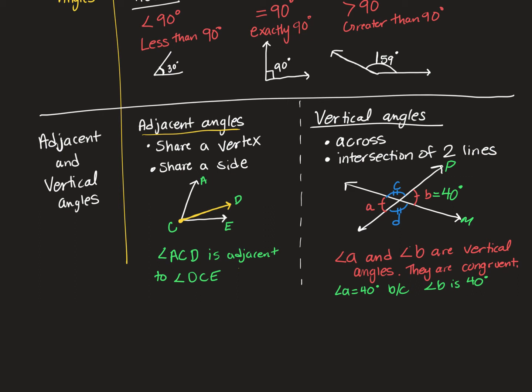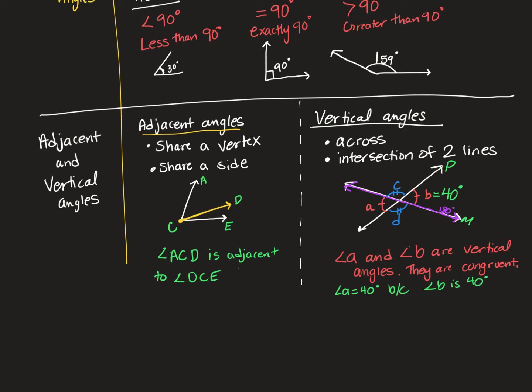So this line, I'm going to write it in purple, the angles above it have to add up to equal 180. And the angles underneath that purple line have to add up to 180, because by definition, lines are all equal to 180 degrees. If it's not a line, it's not equal to 180 degrees. So line P is also 180 degrees.